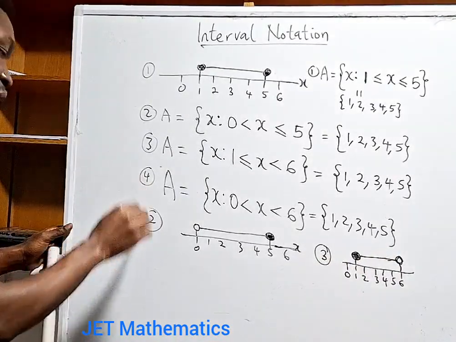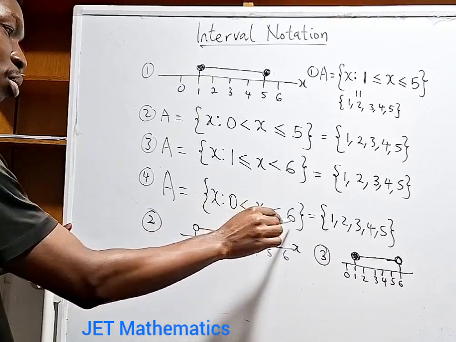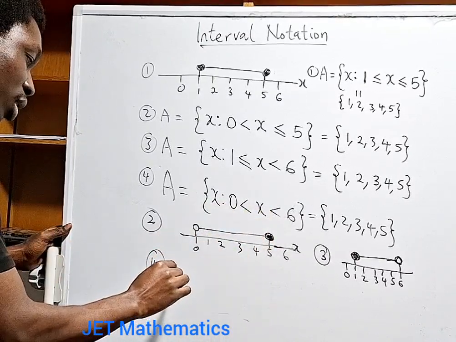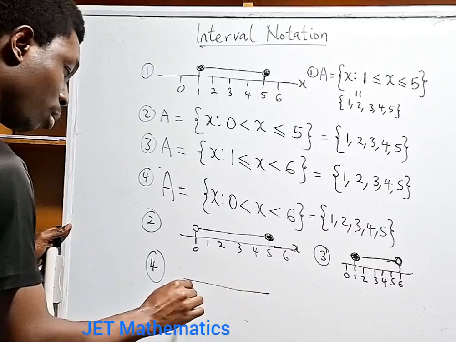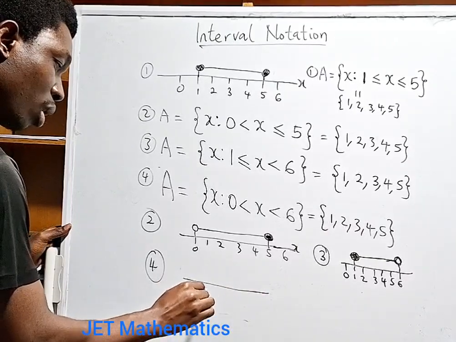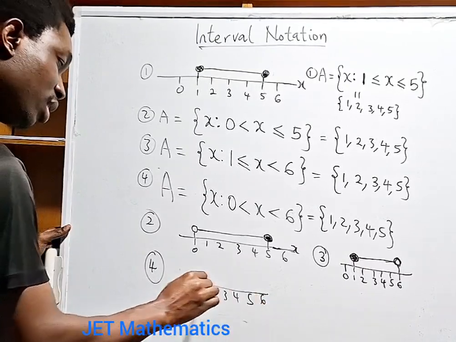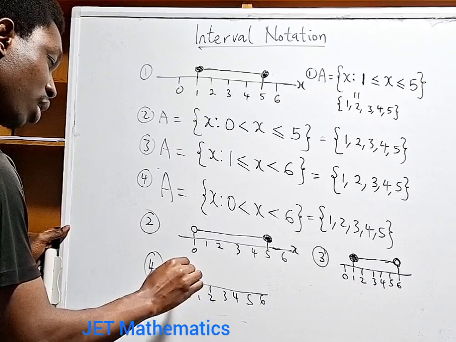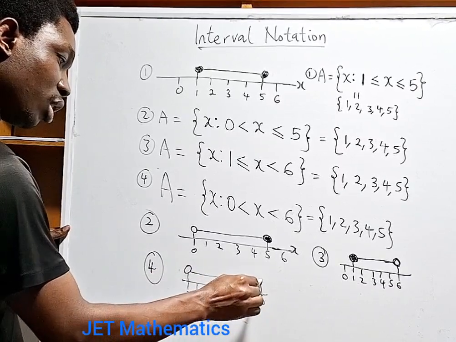Alright, and the last one, number 4, is 0 and 6 are not included. So you take from 0, 1, 2, 3, 4, 5, and 6. But 0 and 6 are not included, so you won't shade them.